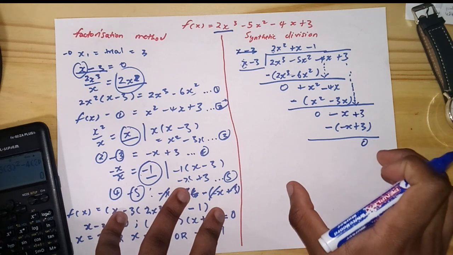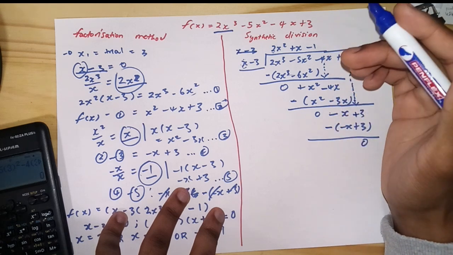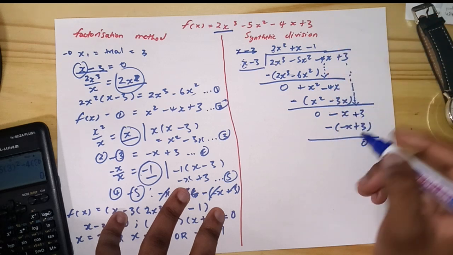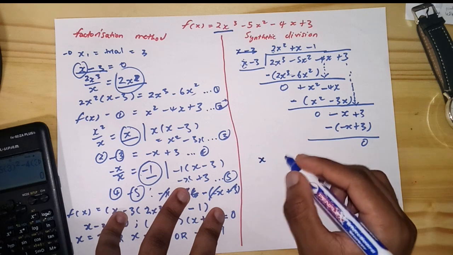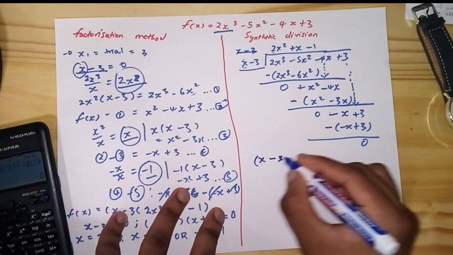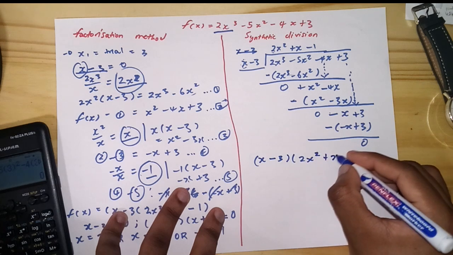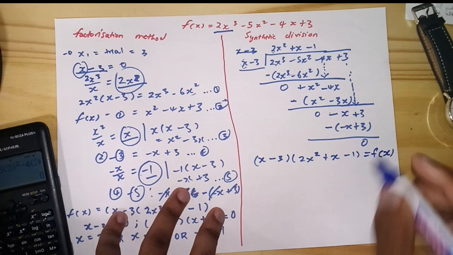If your remainder is 0, that means the rest of the expression can be used to find the roots that you want. So this is your remainder, and x minus 3 times 2x squared plus x minus 1 is equal to f of x, right?